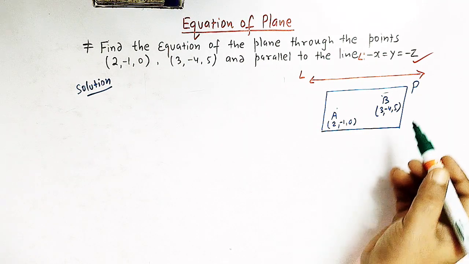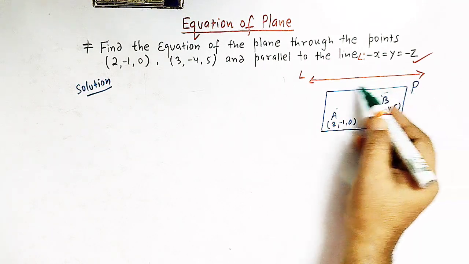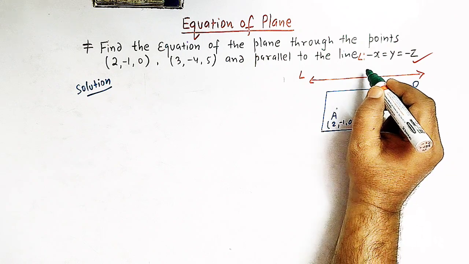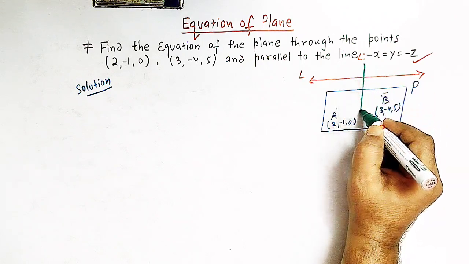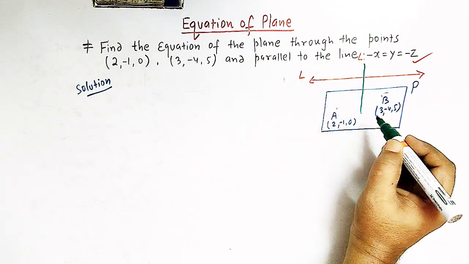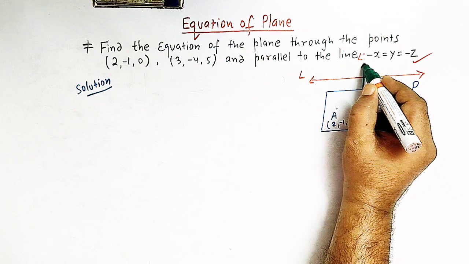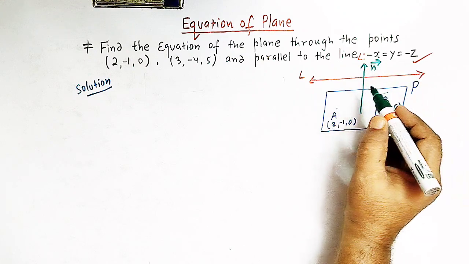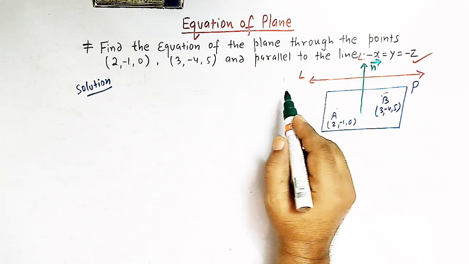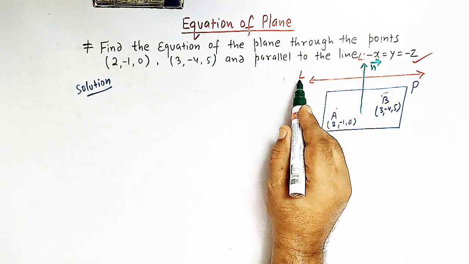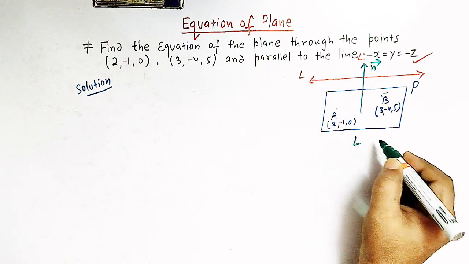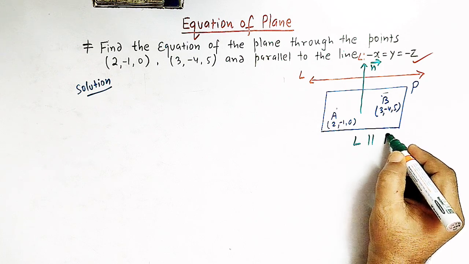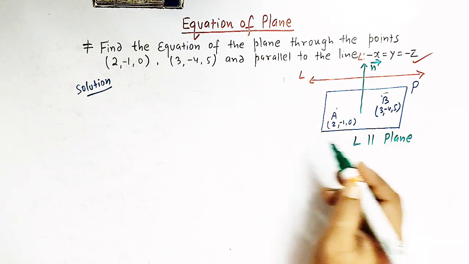So now the normal vector to this plane P is perpendicular to this line L, right? So this is our normal vector to this plane P, and this normal vector is perpendicular to this line L because the line L is parallel to the given plane, right?